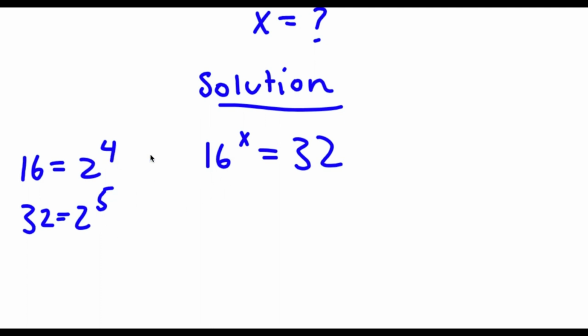So now if I replace 16 with 2 to the power of 4 and 32 with 2 to the power of 5, I get 2 to the power of 4 to the power of x is equal to 2 to the power of 5.